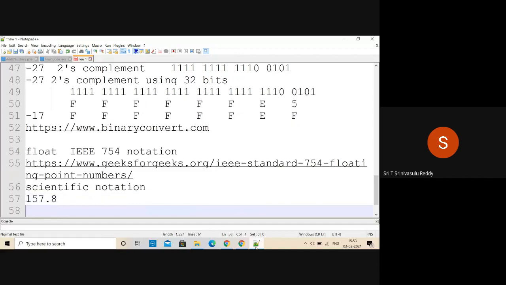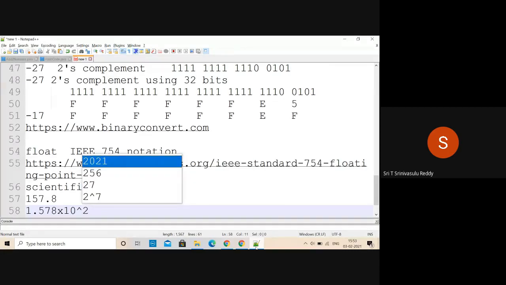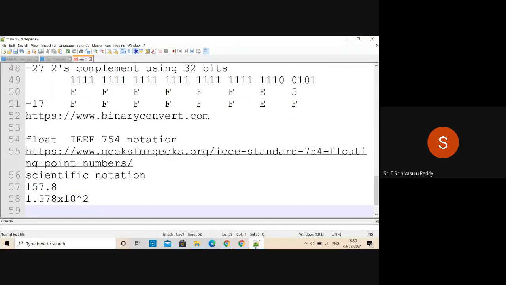Whenever you say 157.8, this is the normal way of writing it. But the same thing can also be written as 1.578 multiplied by 10 to the power 2. So this is also the same value, 1.578 into 10 squared.